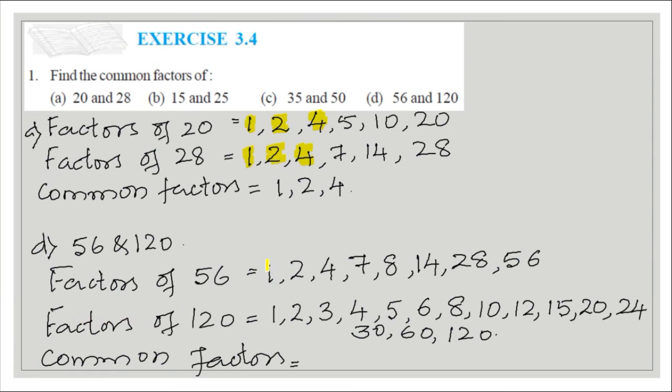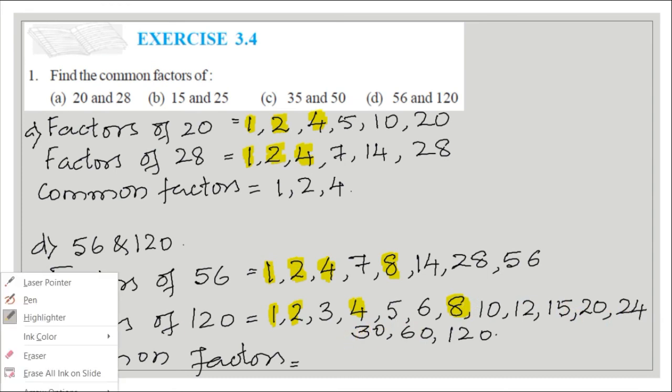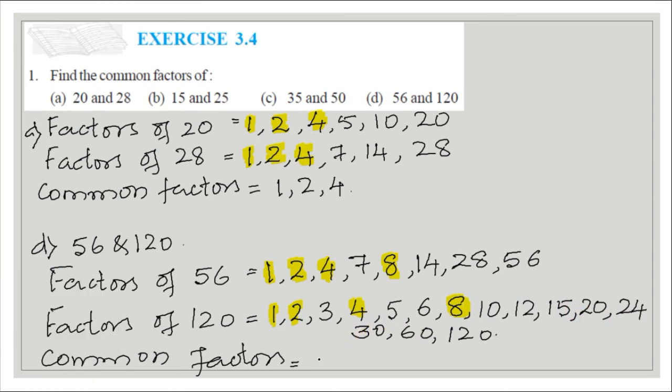The common factors are 1, which is present in both, 2, 4, then 8. That's it. So the common factors are 1, 2, 4 and 8.